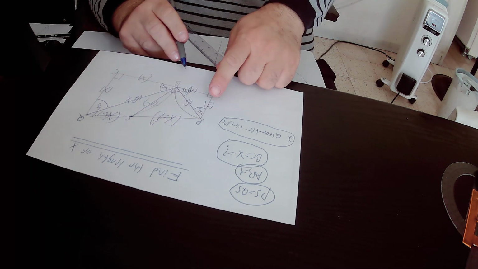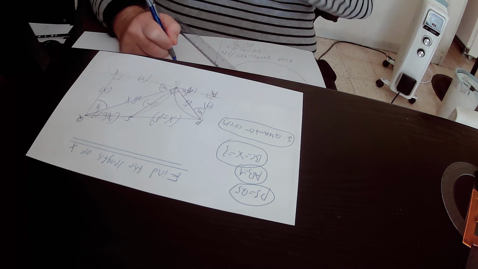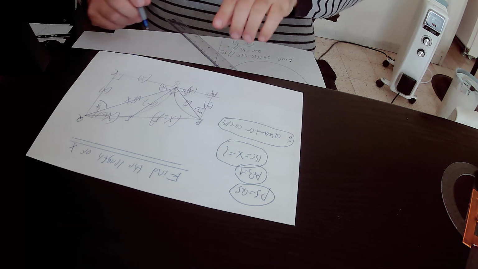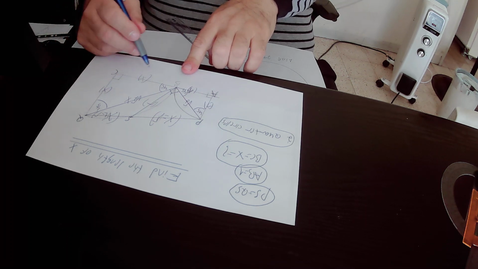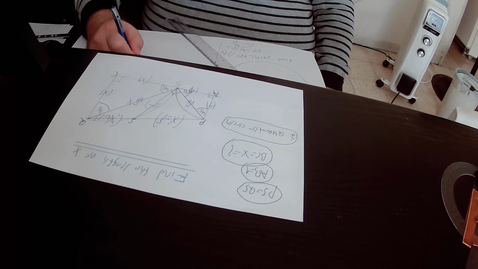We have already found out that side PB equals the square root of 2 units, in the beginning of the lecture, and side QB equals the square root of 2 times x units.